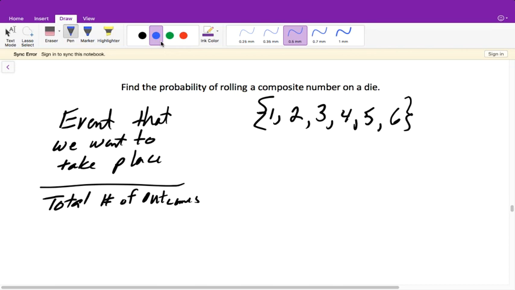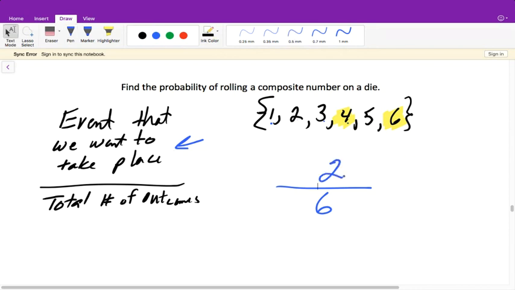So what we need to do is start creating this fraction. Well, I have 1, 2, 3, 4, 5, 6 total outcomes that can occur, so I know that my denominator is going to be a 6. Then I look for composite numbers, which means numbers that have factors more than just 1 and itself. So 4 and 6 are composite numbers. That means there are a total of 2 things that we want to take place, 2 different times we can get a composite number.